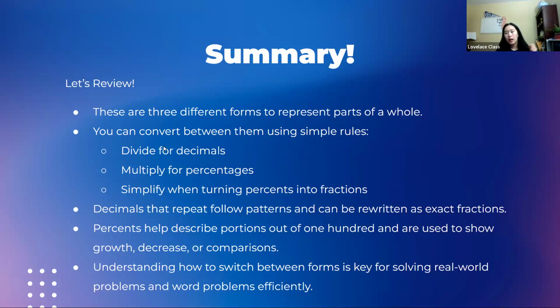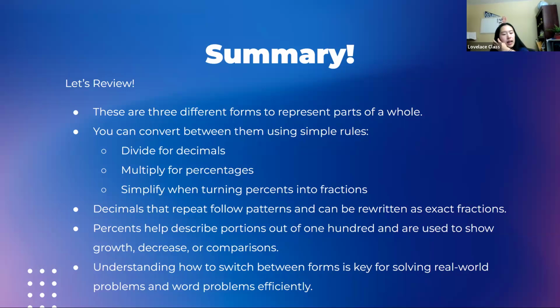For decimals, you just divide the top by the bottom. And for percents, make sure that the denominator is 100 if you're using fractions, or you multiply the decimal by 100. And when you turn a percent into a fraction, you want to make sure that you simplify it, getting rid of the GCDs of those numbers.